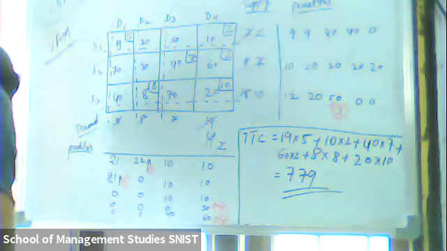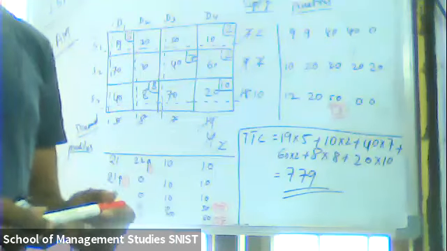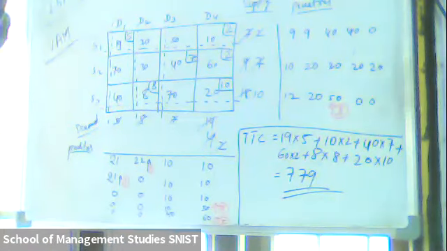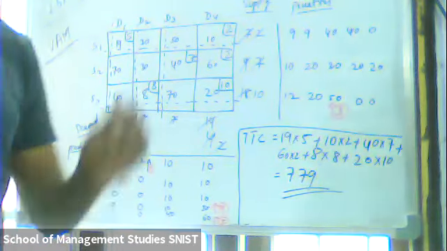What is that m plus n minus 1? Rows plus columns minus 1 is equal to the number of allocations in the boxes.